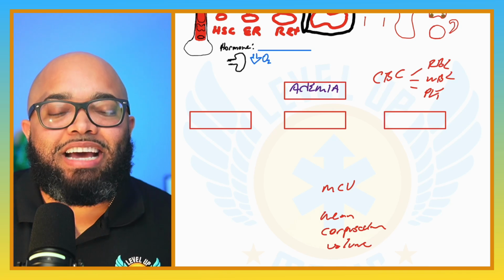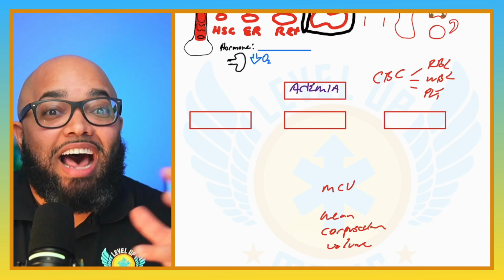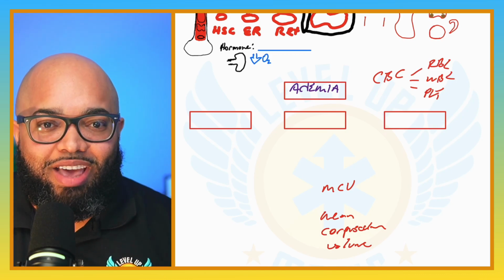What does that mean? That's just a fancy way of saying what is the size of the red blood cells, okay? So one lab value that we're going to look at in the setting of anemia is the MCV, the mean corpuscular volume. Basically, it's telling you about the size of the red blood cells, okay?